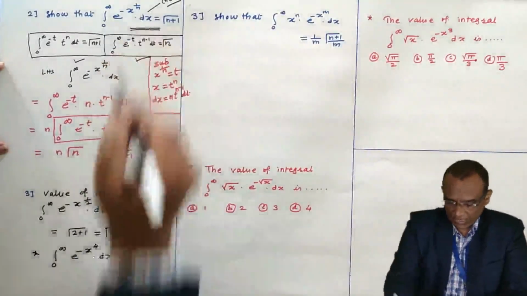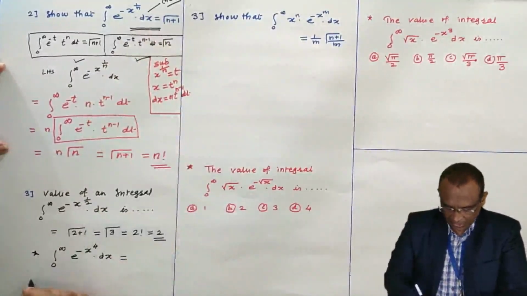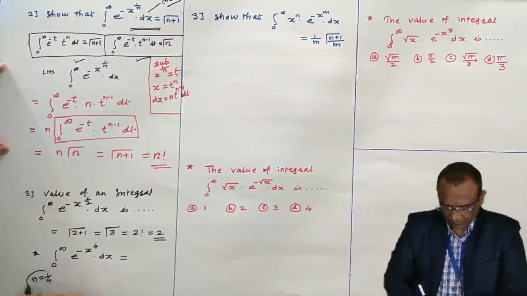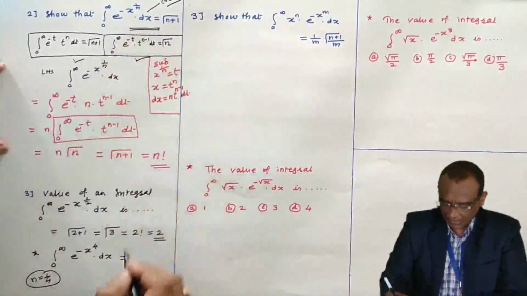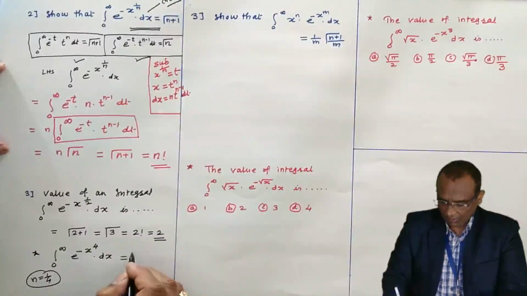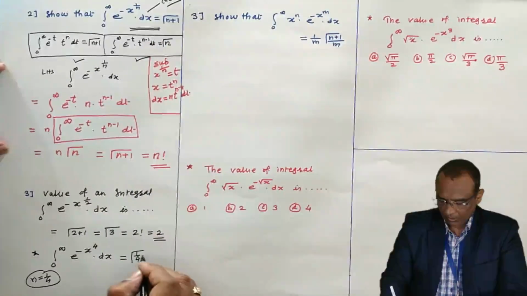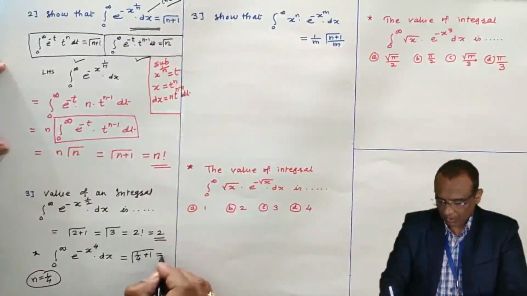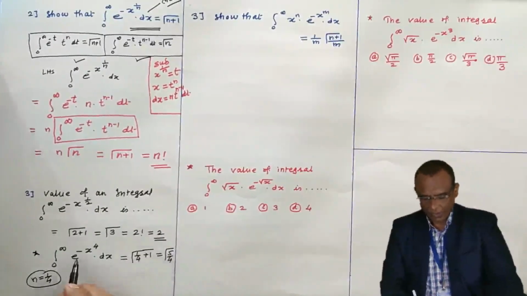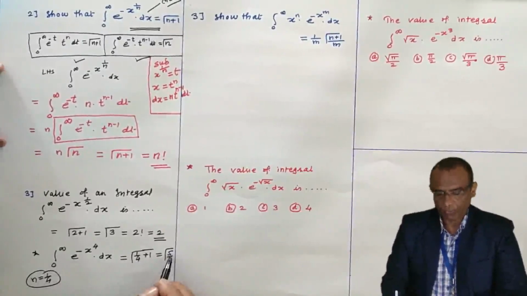Here n is 1 by 4. If you put n equal to 1 by 4, the value of this integral is gamma 5 by 4.